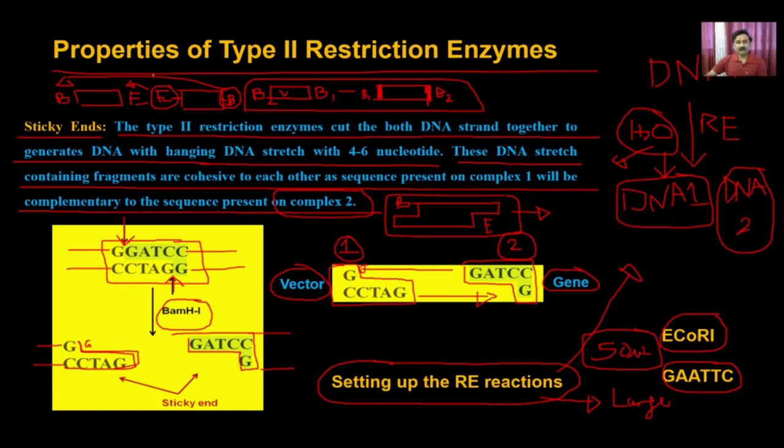Remember that restriction enzymes generate sticky ends specific to themselves, so EcoR1 will not generate a sticky end similar to BamH1, and that's why it is possible to have two enzymes, which give you the flexibility of directional cloning.